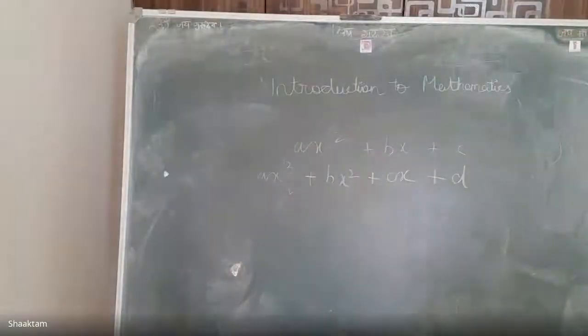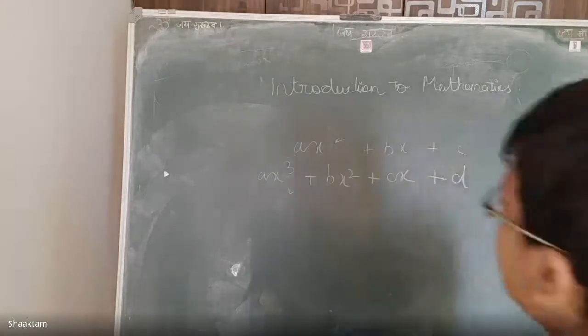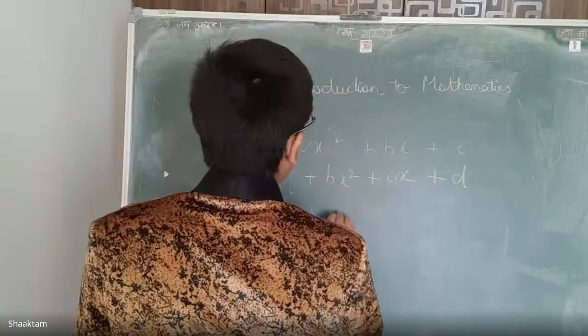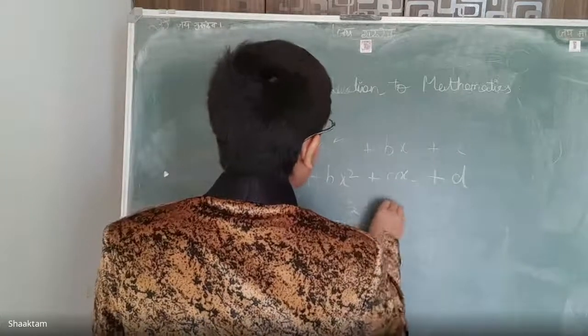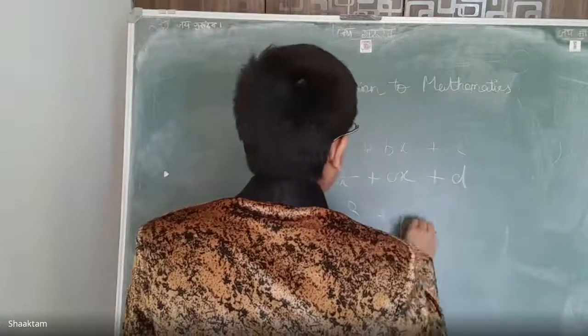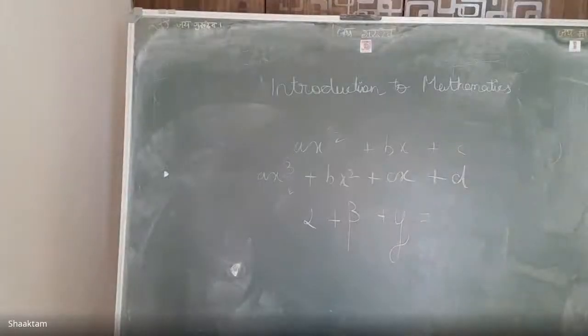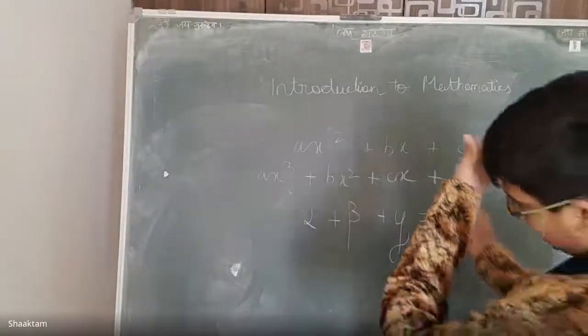the values which satisfy it, if you equate the polynomial to 0 and put alpha, beta, or gamma, all of them will give you 0, giving a cubic equation. Then alpha plus beta plus gamma will be minus b by a.